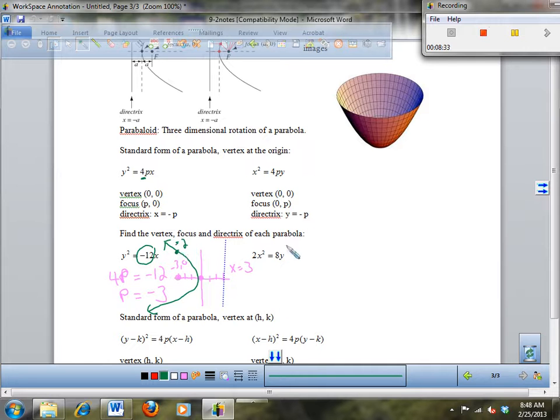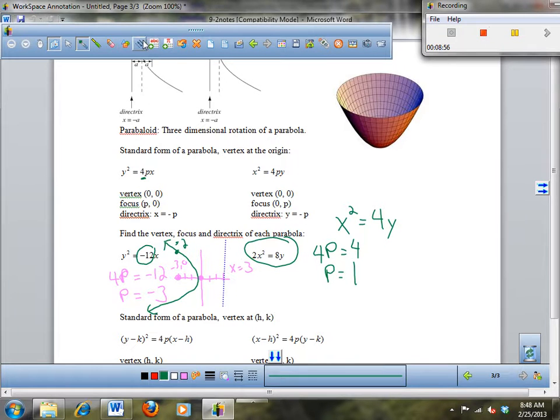Then to do this one here, I'm going to divide both sides by 2 first, because it's not in this form. So I get x squared equals 4y, right? Which means that 4p equals 4, so p equals 1.